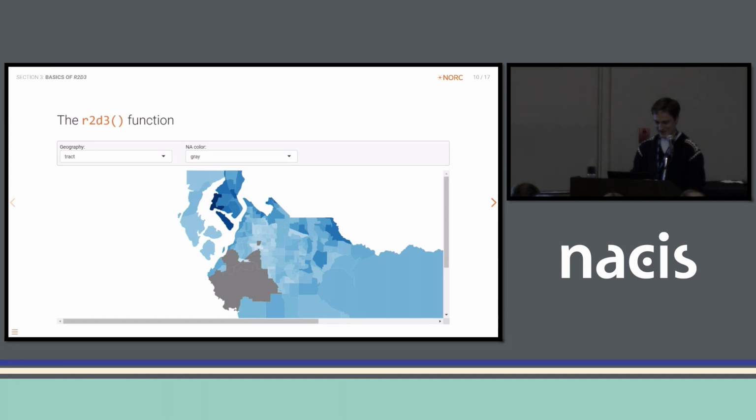And this drop-down just changes the color of the NA values, just to show how the graphic can quickly react to inputs from R. And I've also added some zoom and pan and tooltip functionality, just to show these D3 elements that are really basic, but are really useful for cartography.